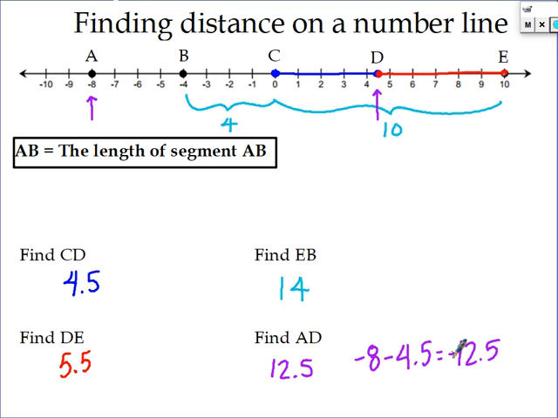So if you think about it as being the absolute value, remember absolute value turns everything positive, but really you don't need to know that it's called absolute value. Just know that it makes it positive. So if I subtract the coordinates and then make that positive, I get the 12.5. So you can think about it that way too. There's a few different ways to do this rather than just counting, just in case the numbers get really big.